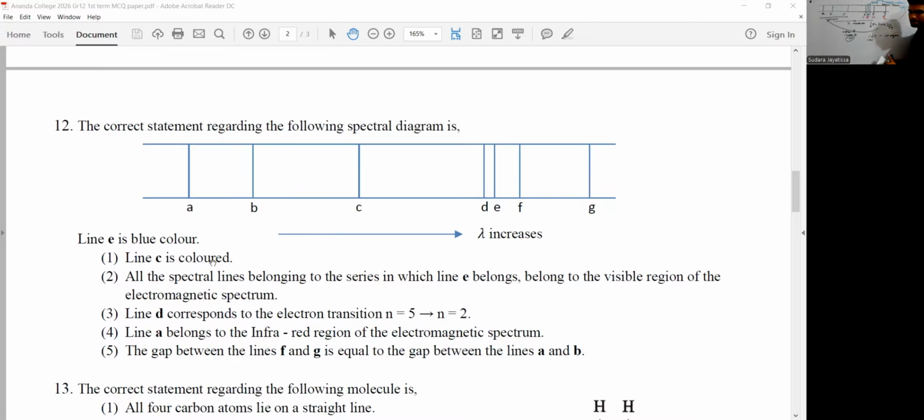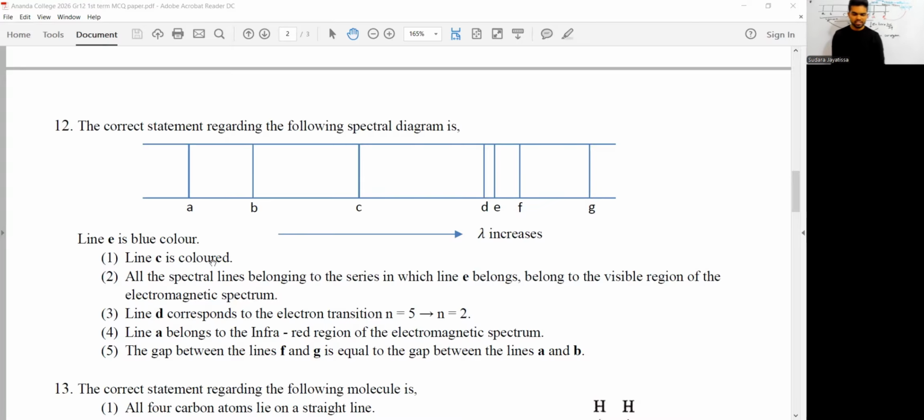Second one, all the spectral lines belong to the series in which line E belongs. Line E is the one they mentioned as blue color, Balmer series. So it says all spectral lines belonging to the Balmer series belong to the visible region of the electromagnetic spectrum. So what do you think about that?